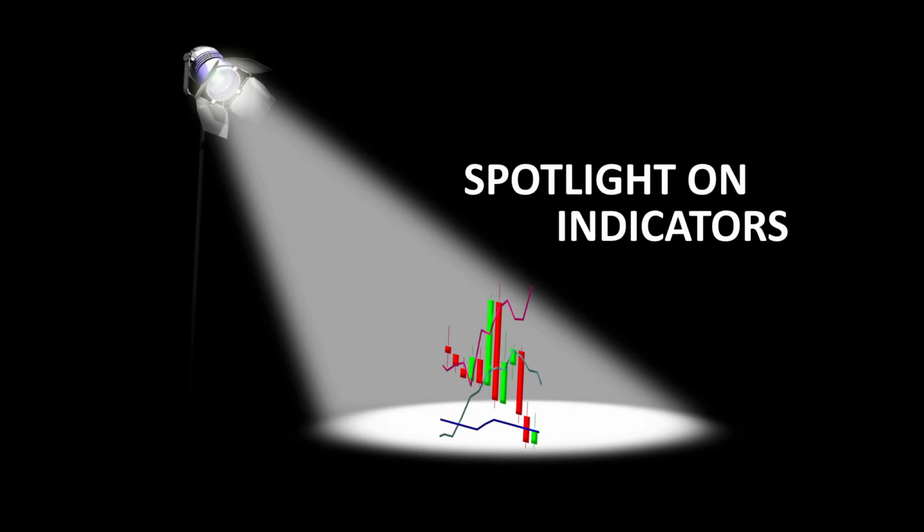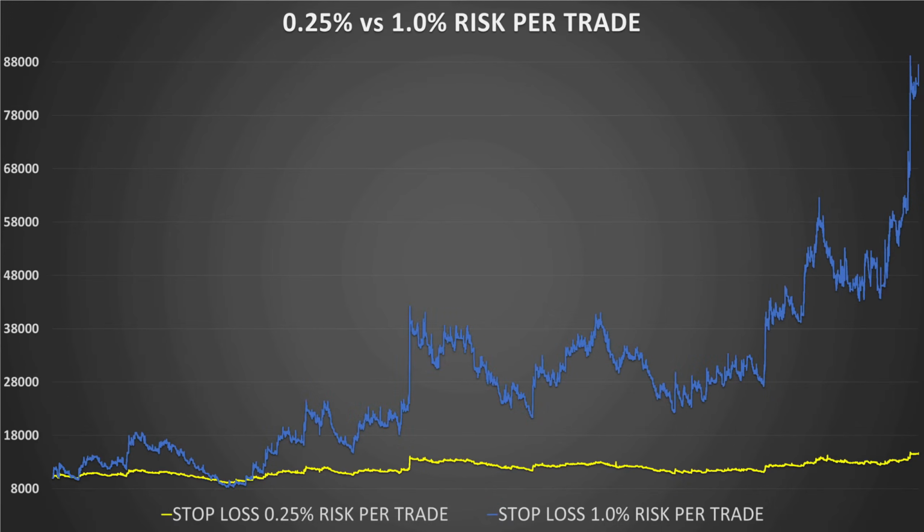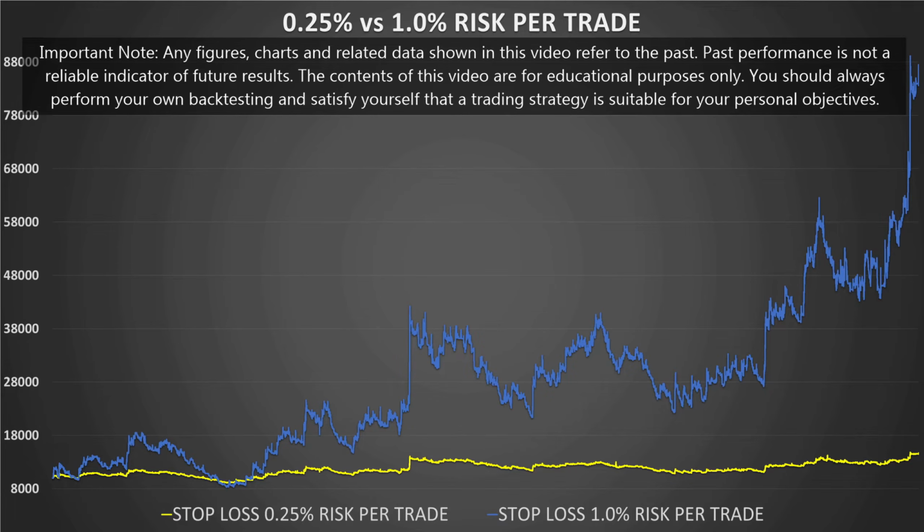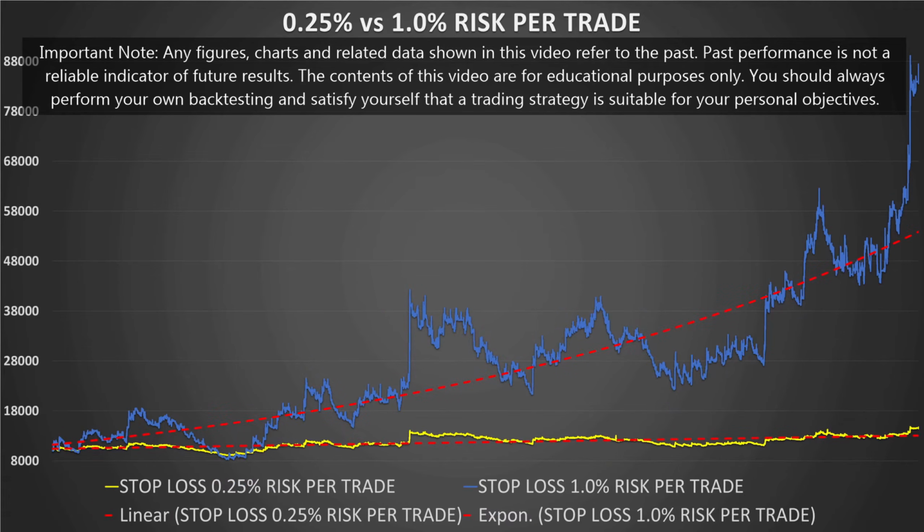In the previous episode, we looked at adjusting the level of risk associated to each trade, and the blue equity curve here represents 1% risk of equity on each trade, whereas the yellow curve represents 0.25%. And we discussed the nature of linear equity growth and exponential equity growth.